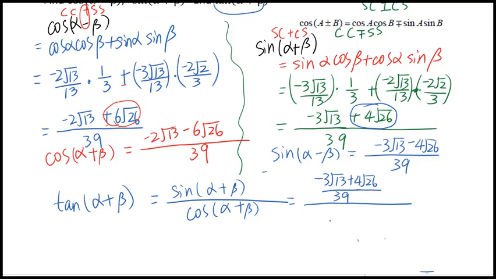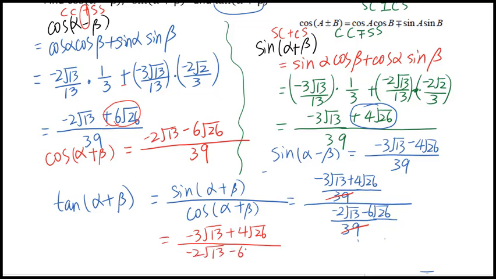For cosine alpha plus beta, 39 as denominator, -2 square root of 13 minus 6 square root of 26. Then reduce. Your final answer will be -3 square root of 13 plus 4 square root of 26 over -2 square root of 13 minus 6 square root of 26. You can keep it or simplify by multiplying by the conjugate. But for this lesson, we just stop here.